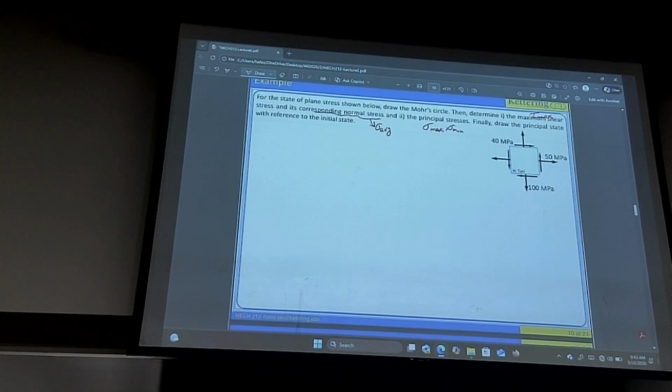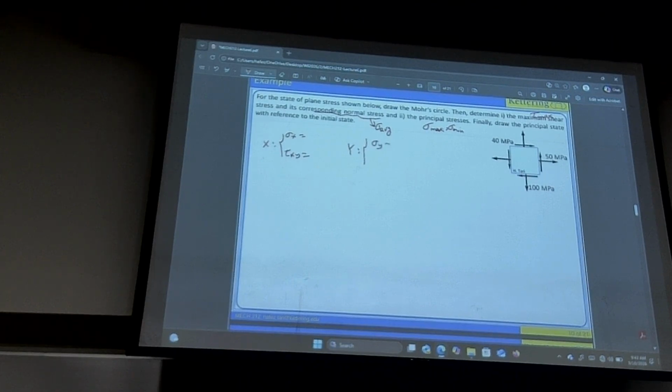All right, Justin, we said we want to draw the circle, extract the x, y coordinates: sigma x, tau xy, sigma y, tau yx. This one in particular, we know that's always equal and opposite, so we don't have to calculate this. So we need 3 independent values. Look at the diagram and then emphasize the signs, please.